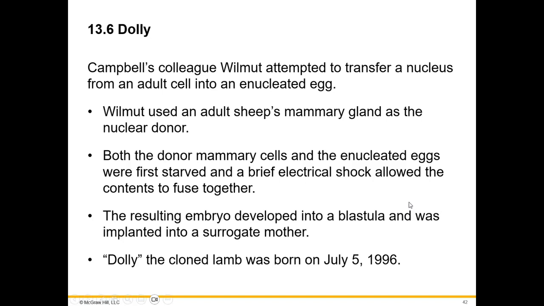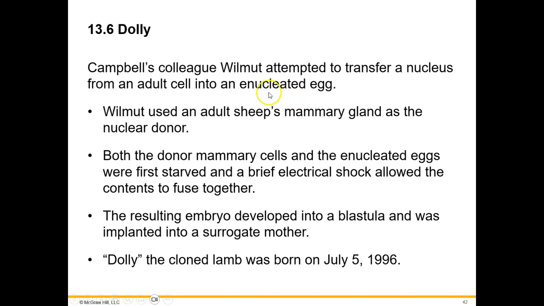The first example of this was Dolly the lamb, who was born on July 5th, 1996. And basically, Campbell's colleague, Wilmot, attempted to transfer a nucleus from an adult cell into an enucleated egg. Whenever you see enucleated egg, that just means an egg with a nucleus removed.